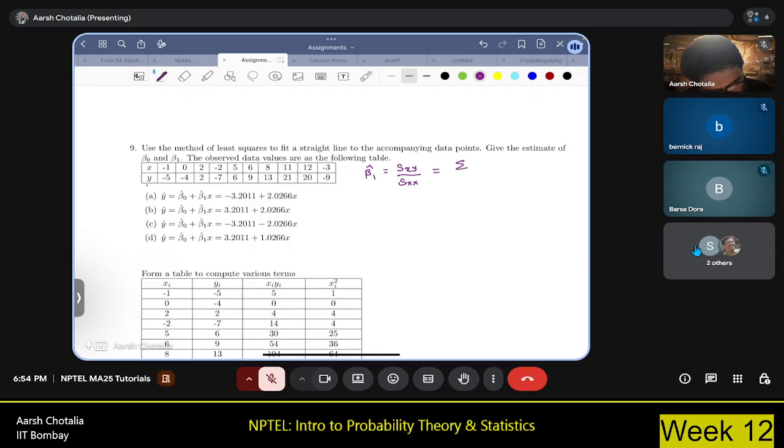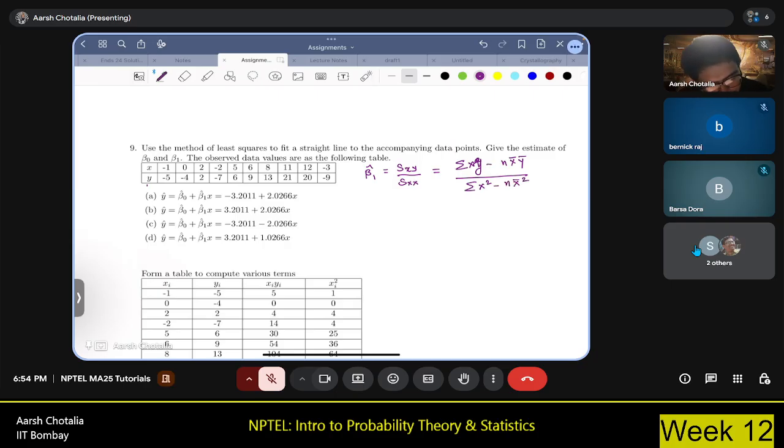I like this: sum over xy minus n x bar y bar, divided by sum over x square minus n x bar square.